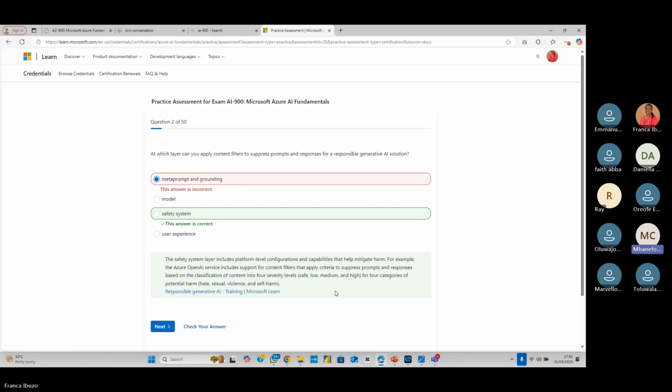The safety system layer includes platform level configurations and capabilities that help mitigate harm. For example, the Azure OpenAI Service includes support for content filters that apply criteria to suppress prompts and responses based on the classification of content into four severity levels: safe, low, medium, and high, for four categories of potential harm: hate, sexual, violence, and self-harm.